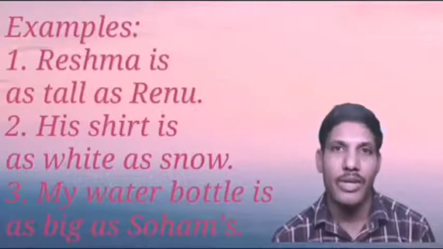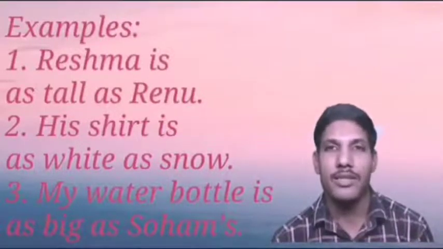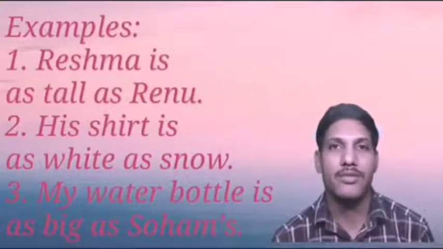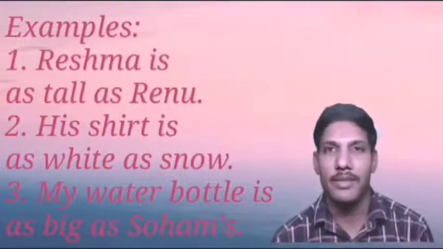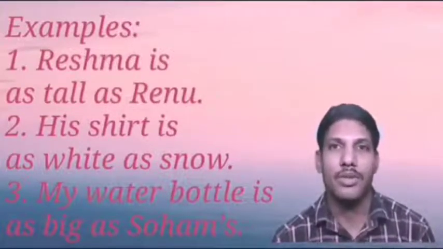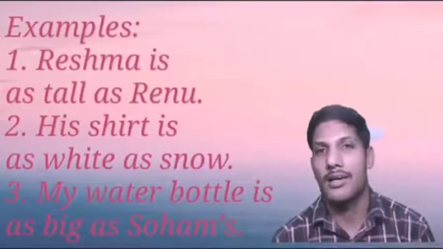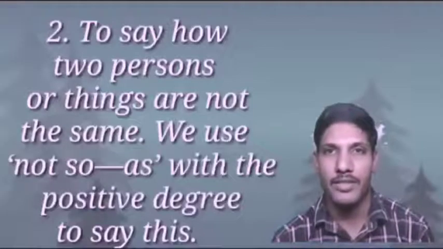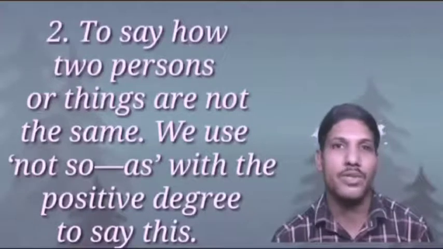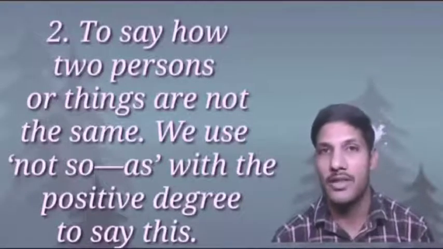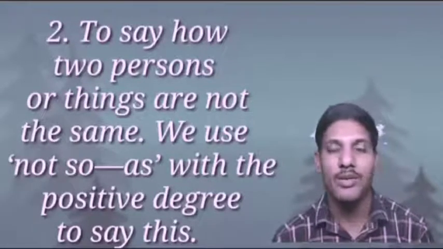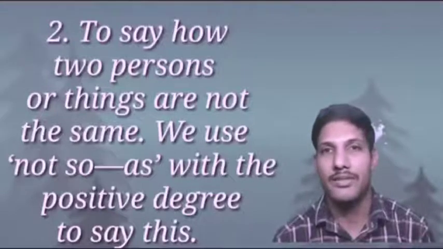In the last example we have, my water bottle is as big as Sohan's. In this example, the size of the water bottles are compared. The next usage of positive degree arises when we have to say how two things or persons are not the same.